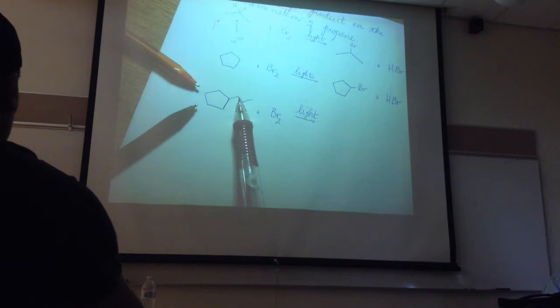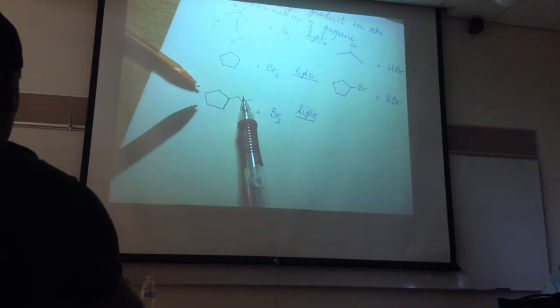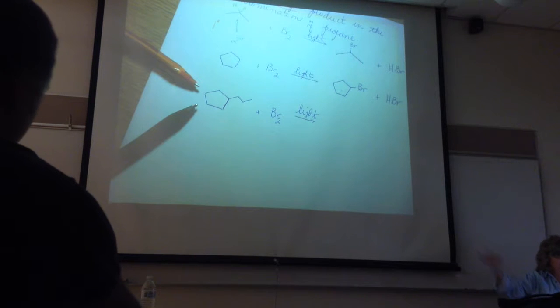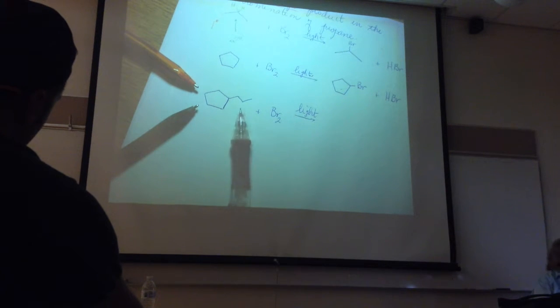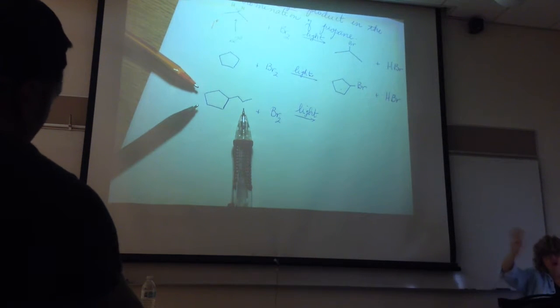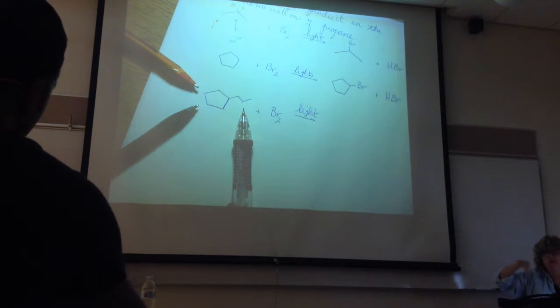Very different than if you put the bromo here. The bromo here now is in the side chain. And that will be parentheses, 1 bromopropyl cyclopentane, right? Or if you put the bromo here, that will be parentheses, 2 bromopropyl cyclopentane, right? So there are 4 sets of equivalent secondary hydrogens.